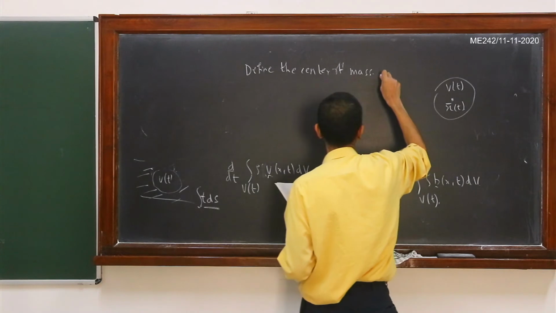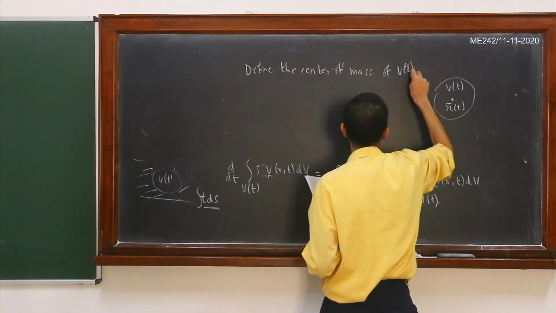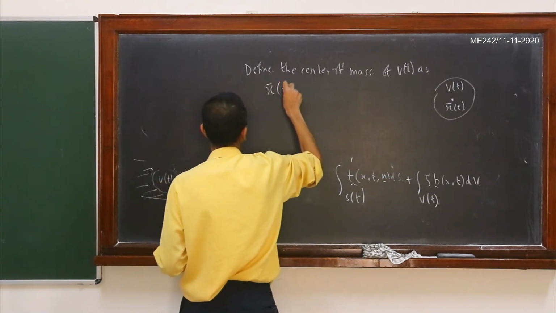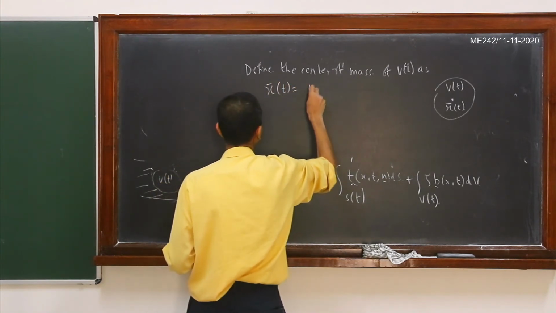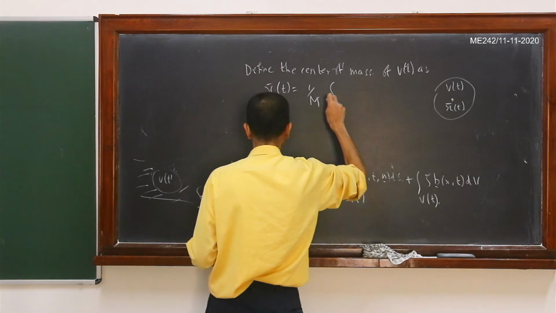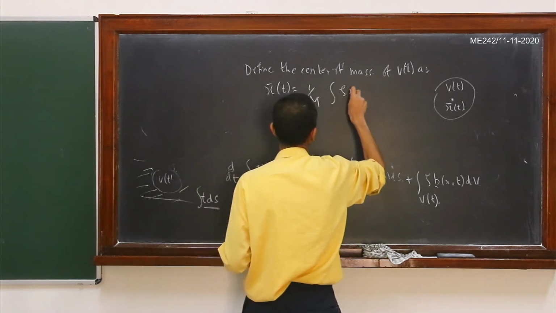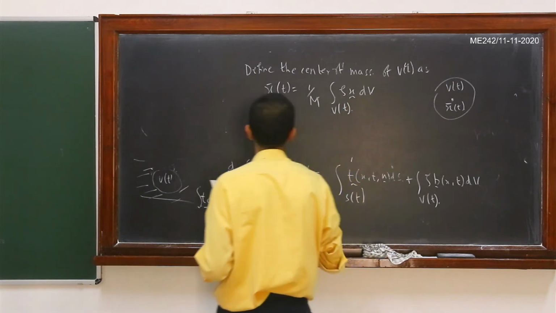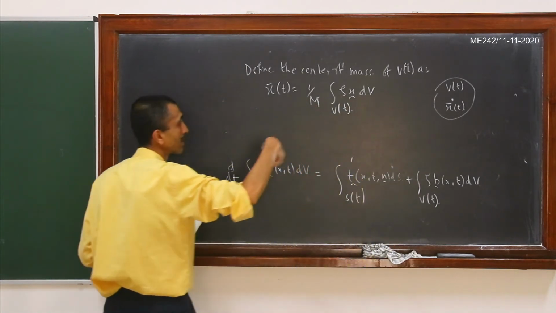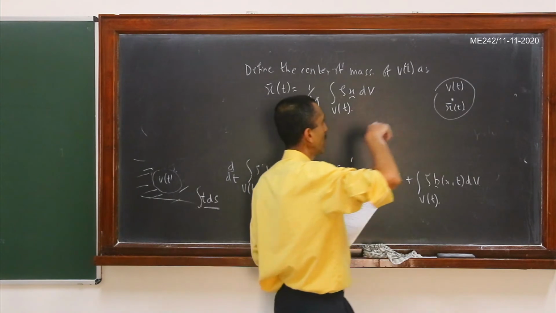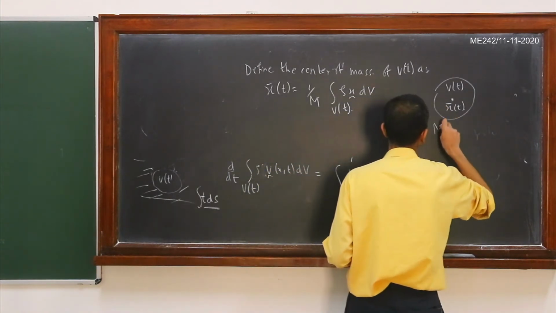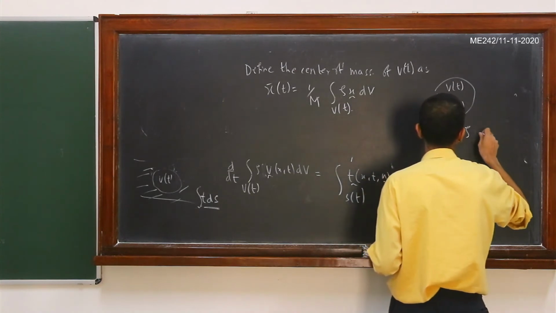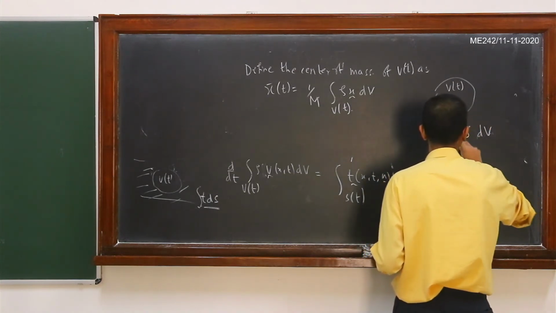Define the center of mass of V of t as x bar of t, equal to 1 by m times the integral of rho times x times dv over V of t. Here m is the mass contained within the material volume, which is just the integral of rho times dv over V of t.